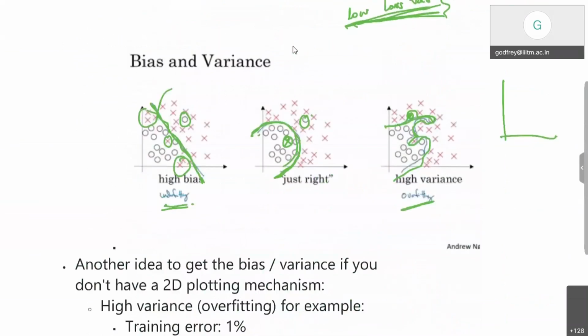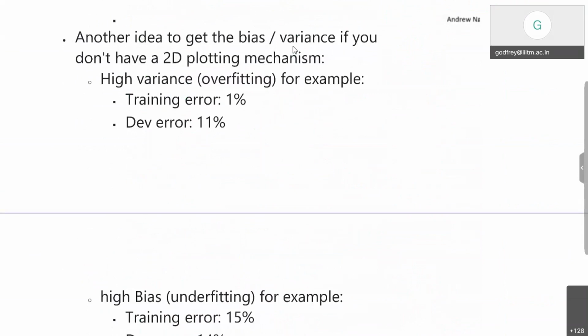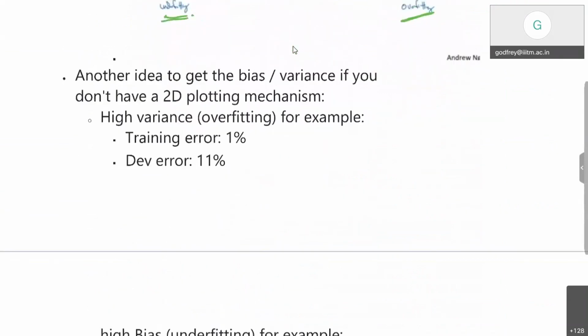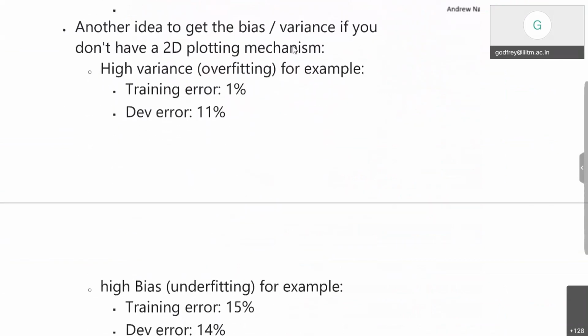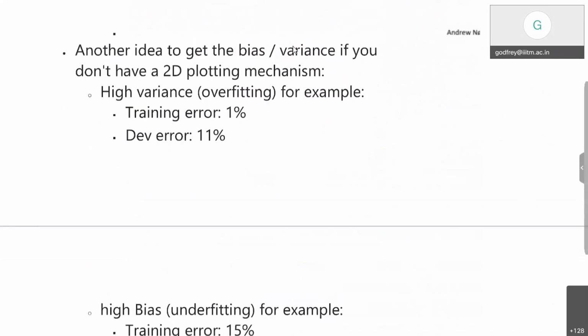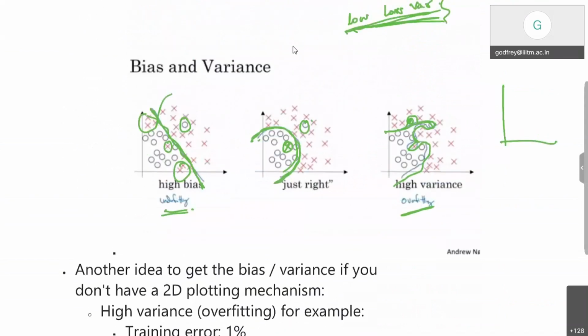Here, another way to look at it is, in this case, you're able to do a 2D plot and look at the bias and the variance.